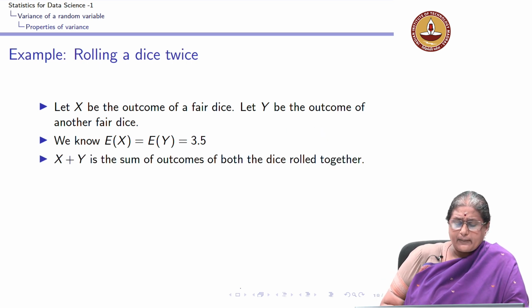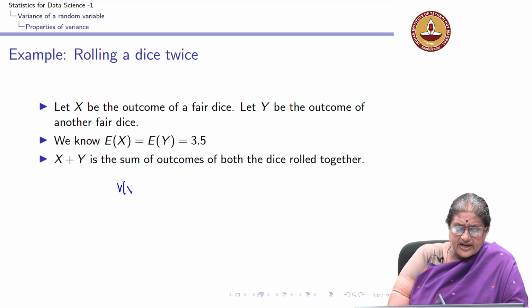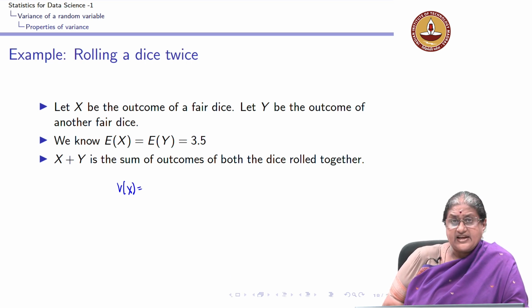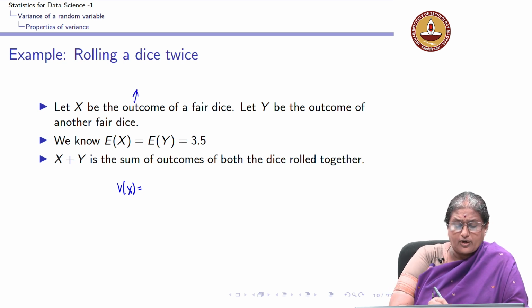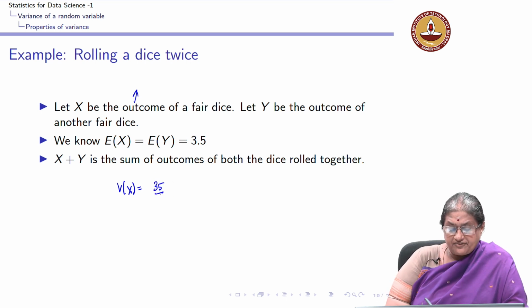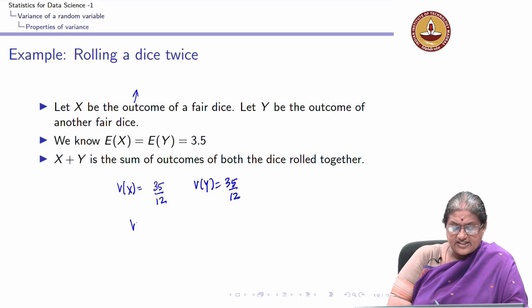We already computed the variance of X in a roll of a single die. You recall again X is a uniform distribution. So you can see that this was 35 by 12. Variance of Y is also going to be 35 by 12. Hence, variance of X plus Y equals 70 by 12.